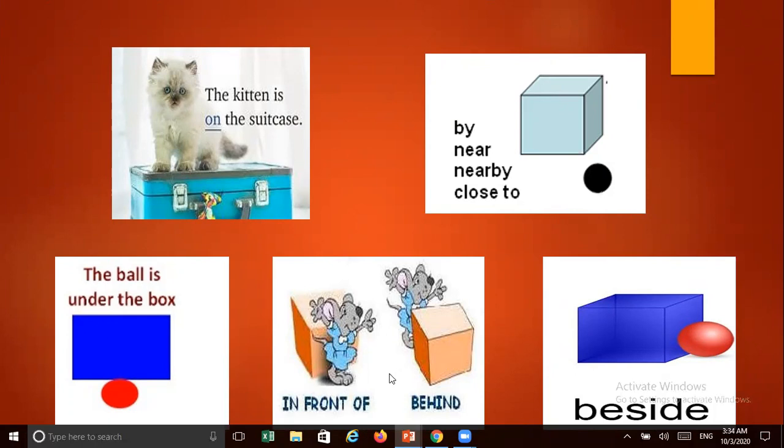In this picture, you can see Mickeys. One Mickey is in front of the block and one is behind the block. You can understand in a good way. See, this Mickey is behind the block, but this Mickey is in front of the block.